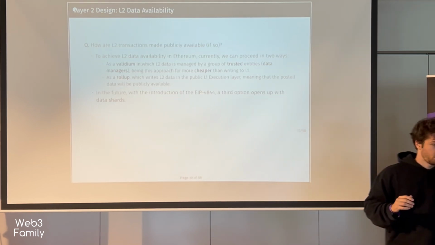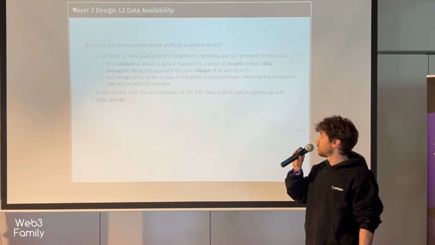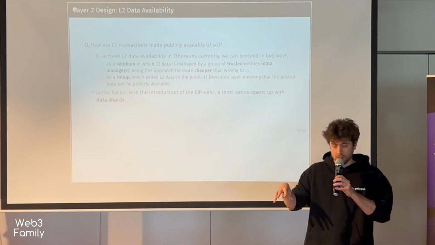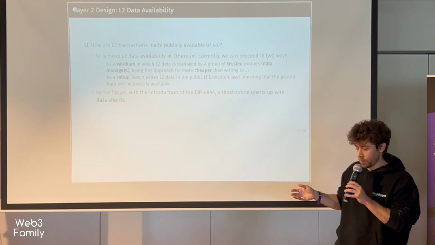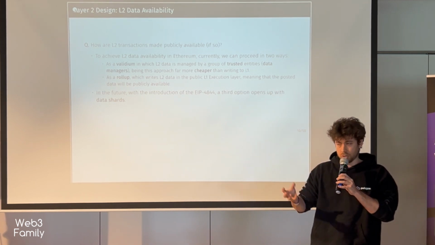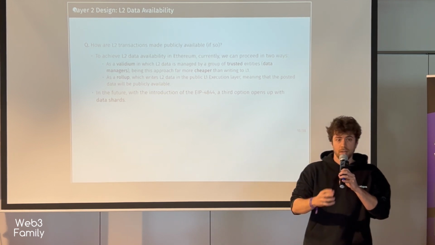Let's go to the second question, which is, how are L2 transactions made publicly available? This means what we do with the data availability. This one is very interesting because it creates two different types of solution. On one hand, we have the rollups, which decided to consolidate the data availability on Ethereum, on an L1.